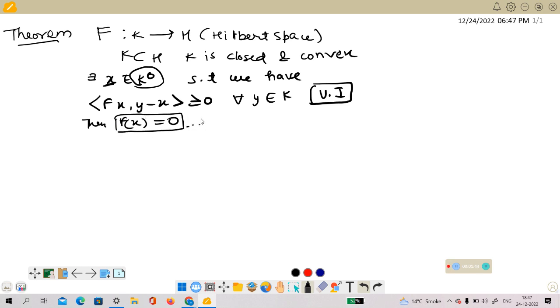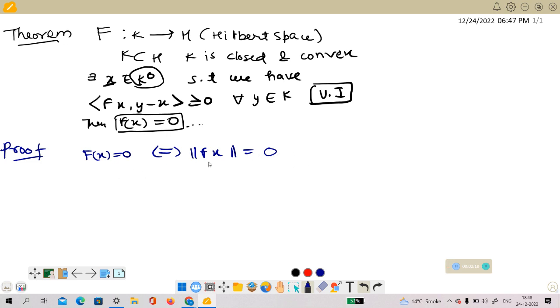We need to show that f(x) is equal to 0. Now how are we going to prove this? Our aim is to show that f(x) is equal to 0. This is equivalent to showing that the norm of f(x) is equal to 0, and I don't think there is any doubt in that.